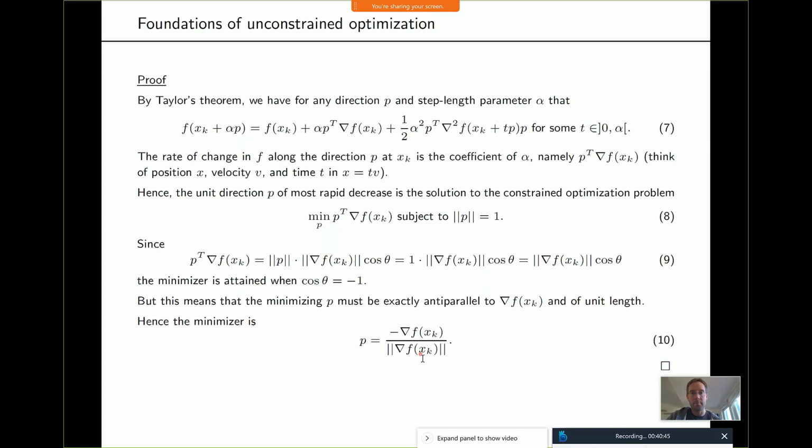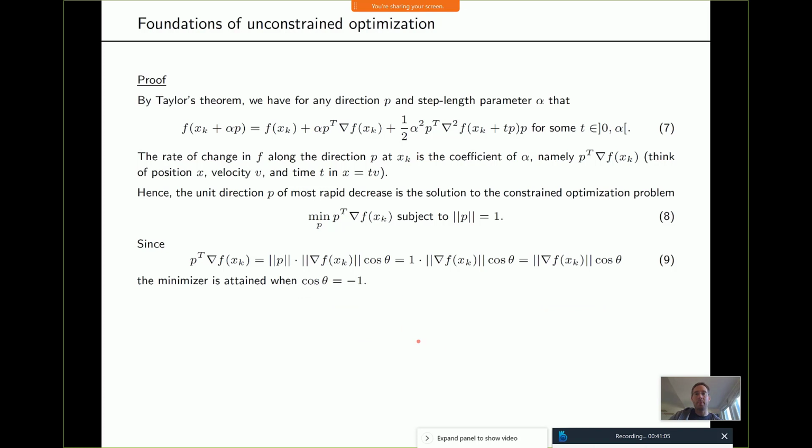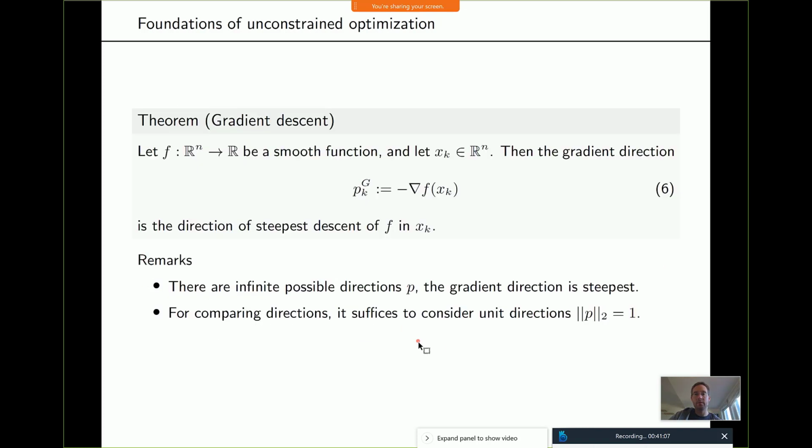So the unit direction that minimizes this optimization problem is exactly the negative gradient, and this motivates why this is the direction of steepest descent.